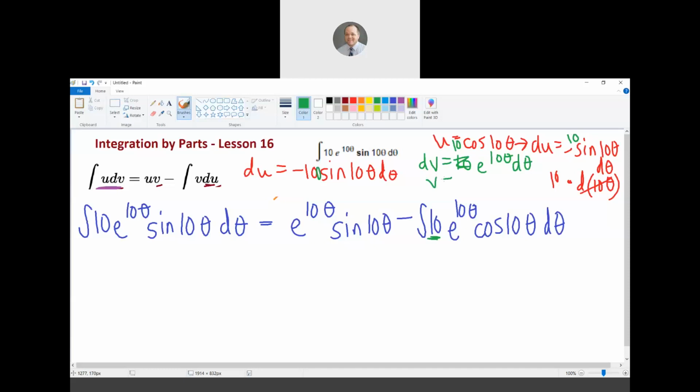Now to find v, we integrate both sides. And v is equal to 1 over 10 e to the 10 theta d theta.